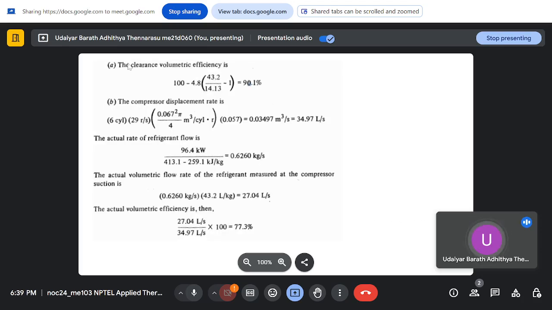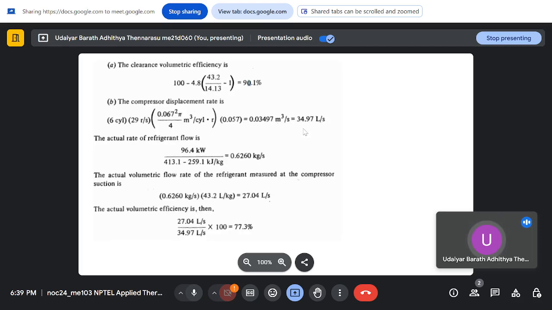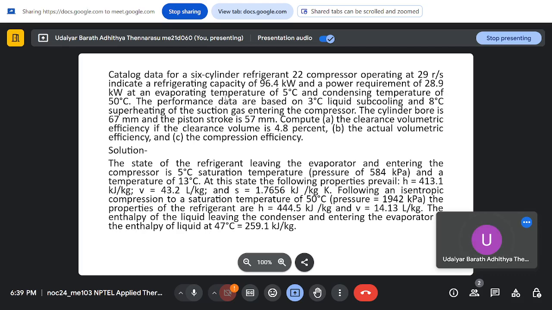So for this case, the clearance volumetric efficiency is 100 minus C, the clearance volume, which is given as 4.8%. So it is 4.8 into your pressure ratio, 43.2 divided by 14.13, the specific volumes.